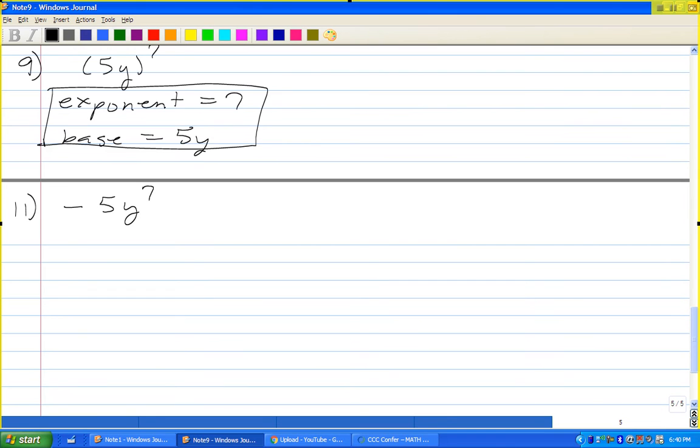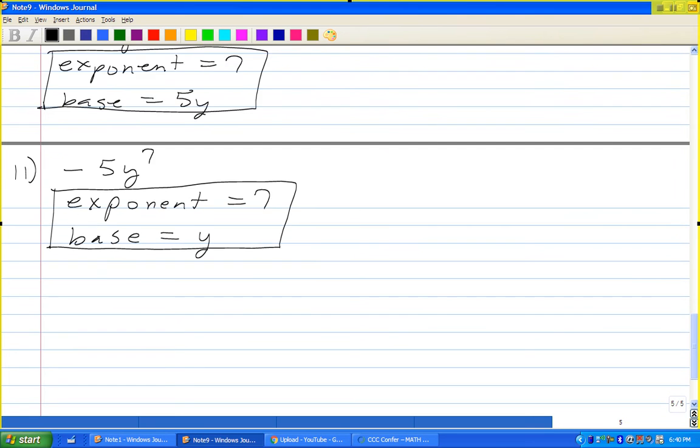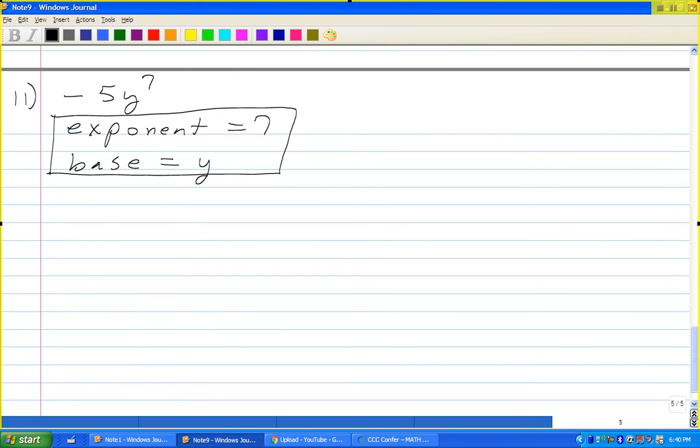So in this case, the exponent is 7, and the base is y. So the y is going to be multiplied 7 times. And then we multiply by -5.